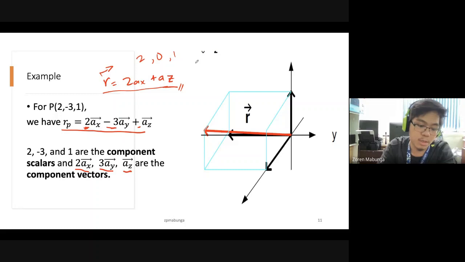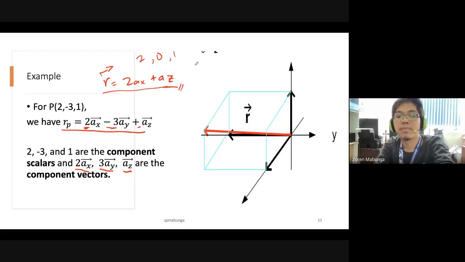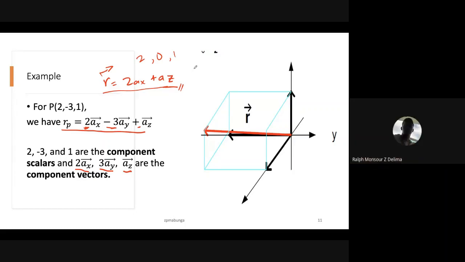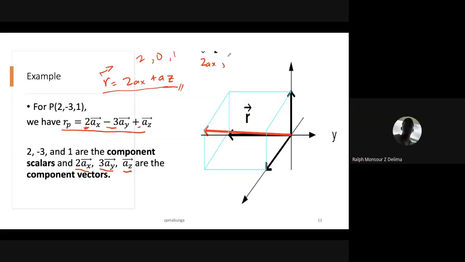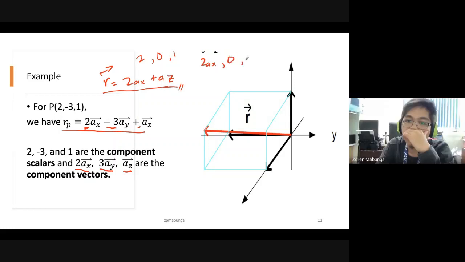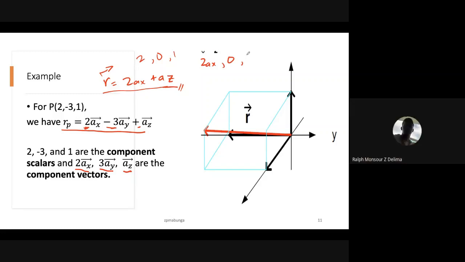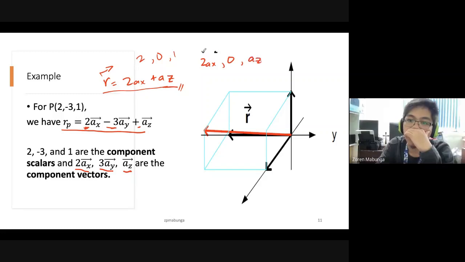Anong magiging component vectors? 2ax, 0ay, Az. Okay? So, malinaw yun ha. So, yun yung magiging component vectors natin.